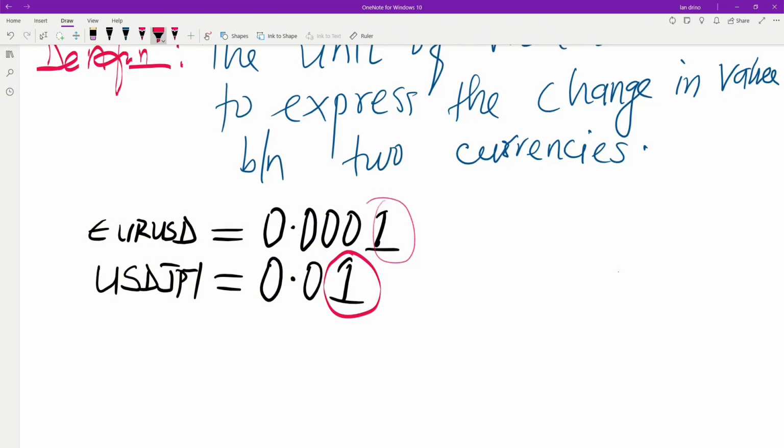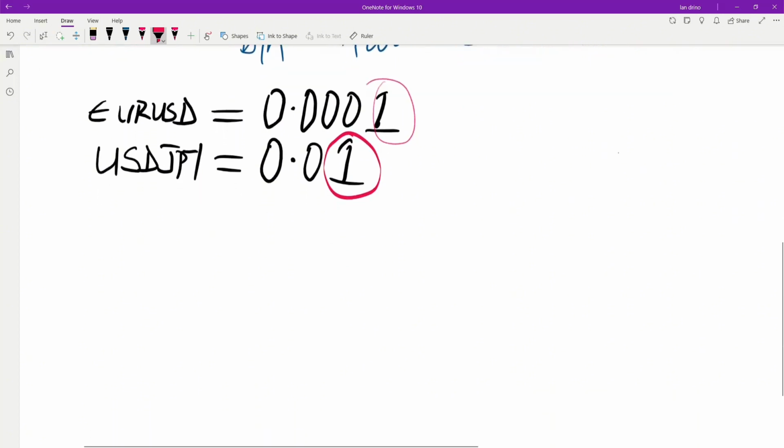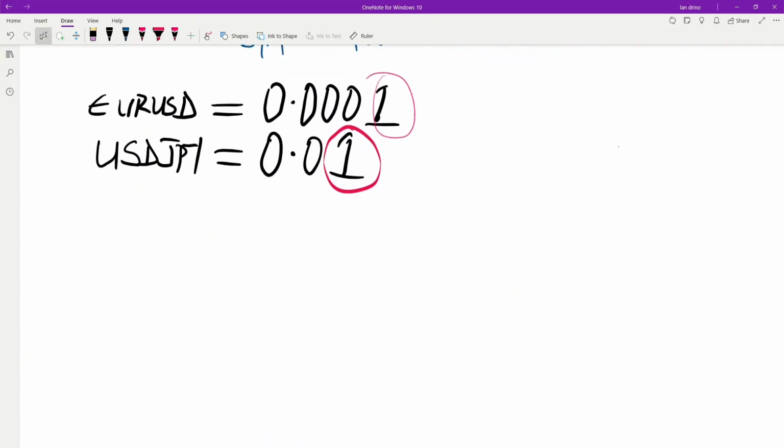Okay, now I am going to show you how all of these values are gotten and how you can work with these values. And in this episode also, we are going to be looking at the value of a PIP. What is a PIP worth?